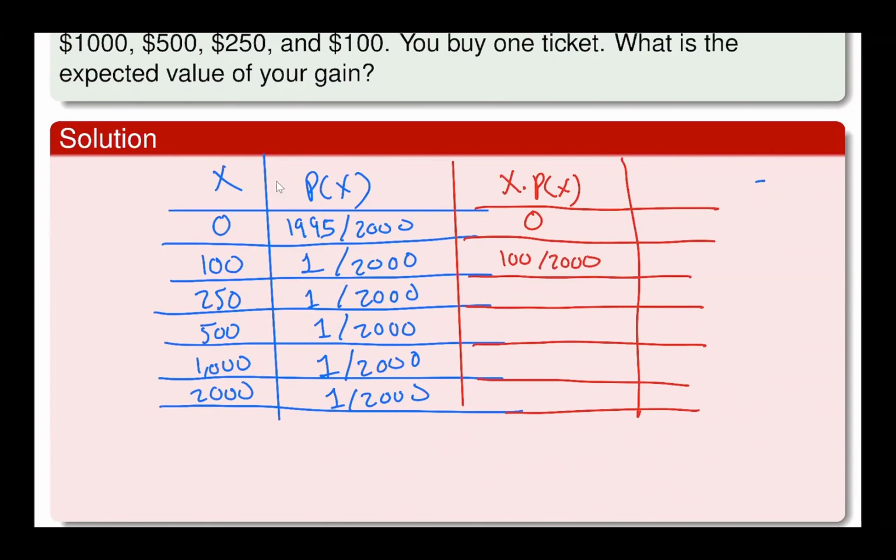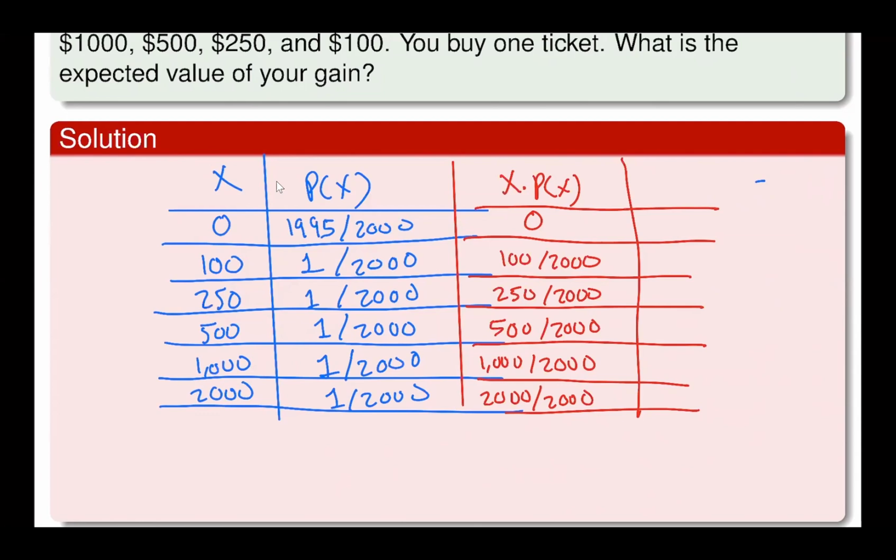Same thing for 250 times 1 divided by 2,000. It will be 250 divided by 2,000. Then you get 500 divided by 2,000. You get 1,000 divided by 2,000. And lastly, you get 2,000 divided by 2,000. Everybody good so far with those fractions?